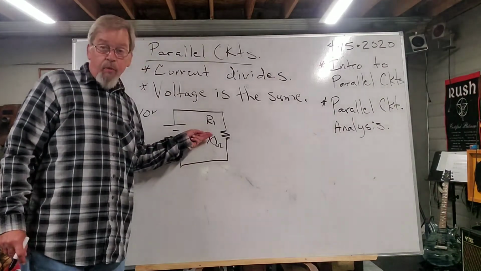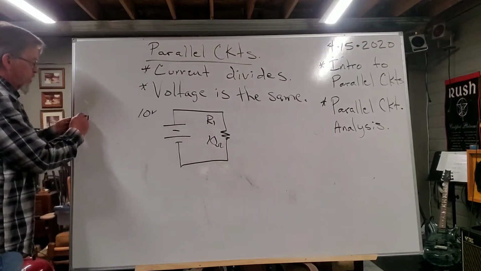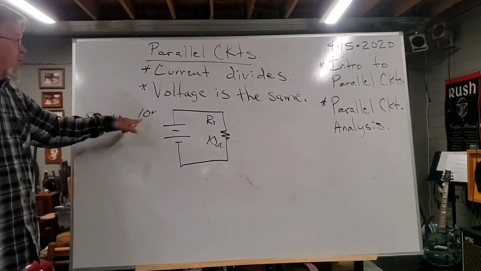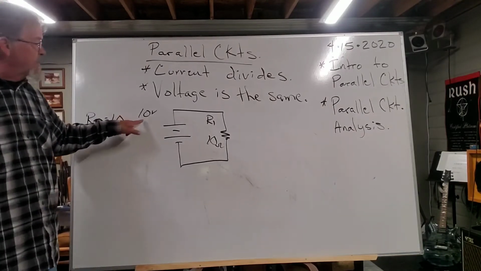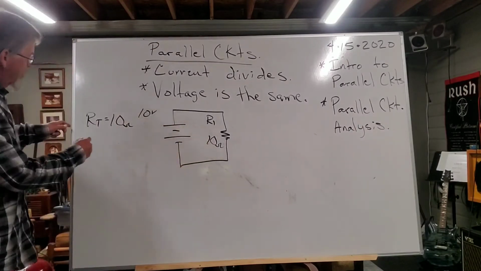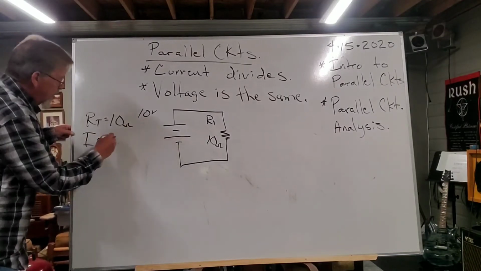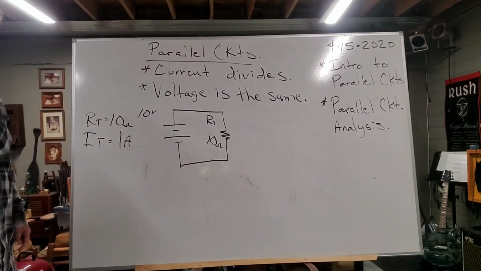Well, at this point my total resistance is equal to 10 ohms. So RT equals 10 ohms. And if my total applied voltage is 10 volts, 10 volts divided by that 10 ohms, Ohm's law, will give me my total current of 1 amp. Okay? 10 divided by 10 is 1 amp.